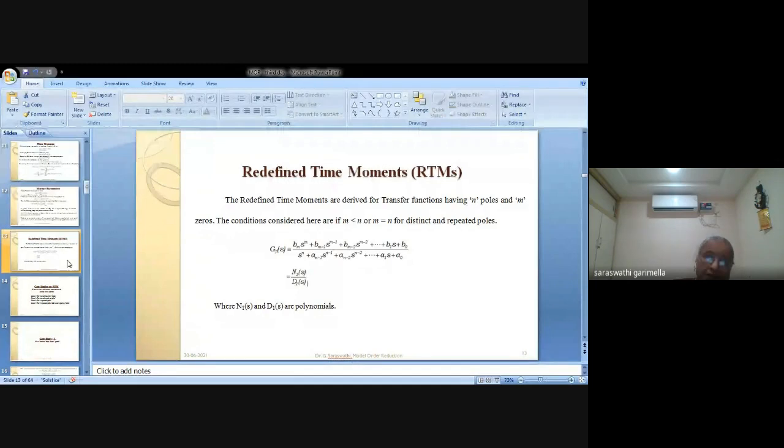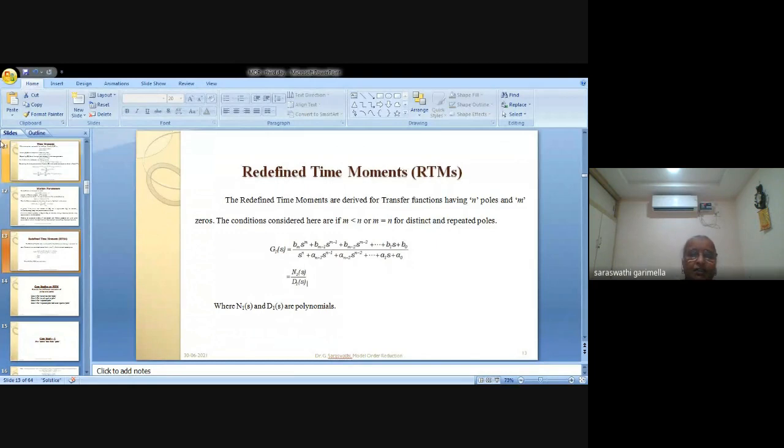Another thing I observed is that the numerator polynomial order is less than the denominator polynomial order, and I have seen some problems with numerator and denominator of equal order, and there may be polynomials with m greater than n also, but in that case you will separate them into a different polynomial. That's why I considered m equal to n and m less than n, where m is the order of the numerator and n is the order of the denominator.